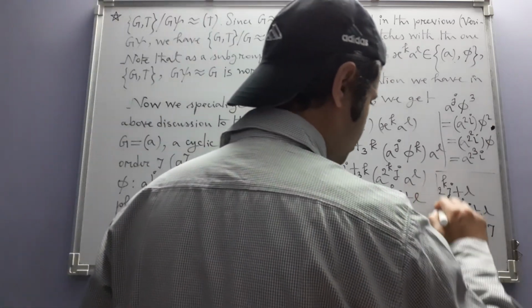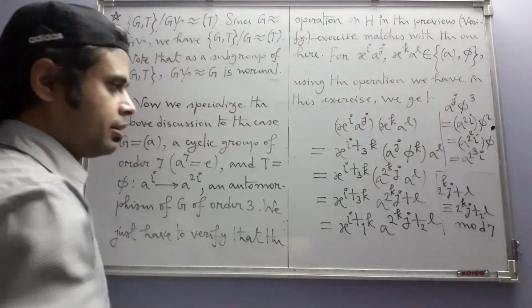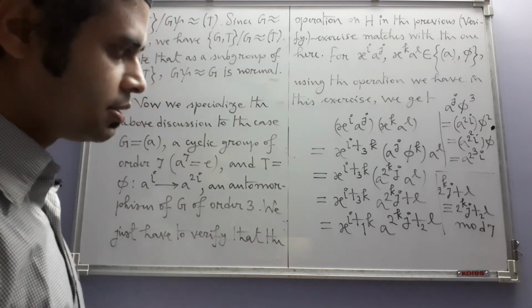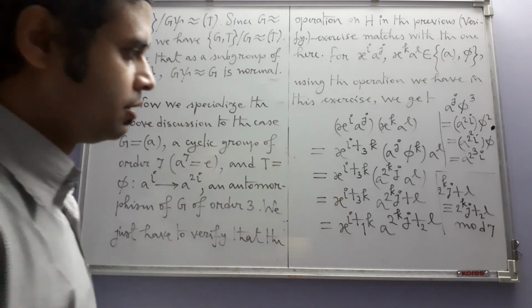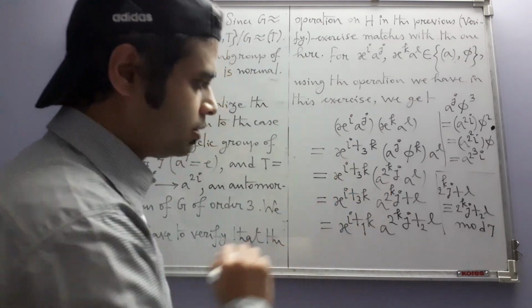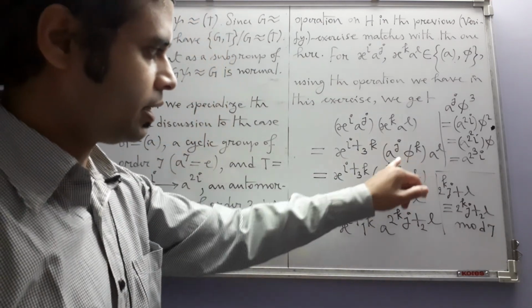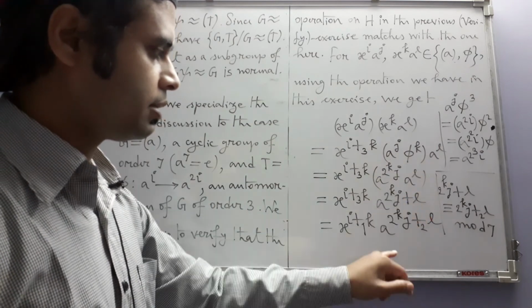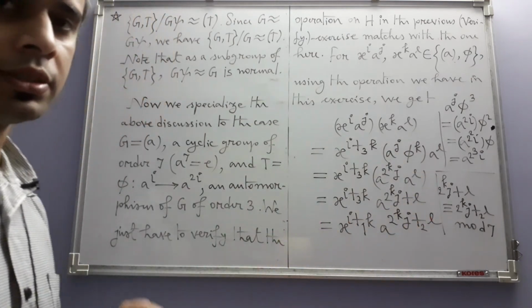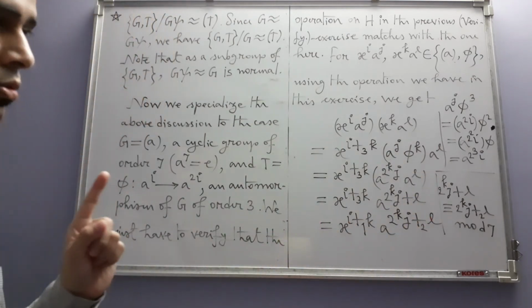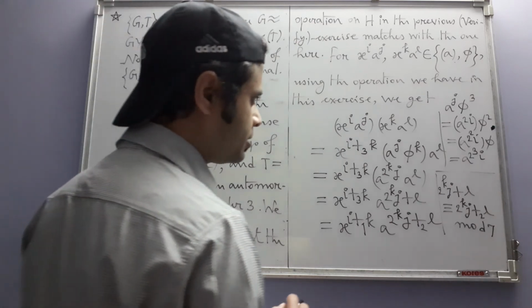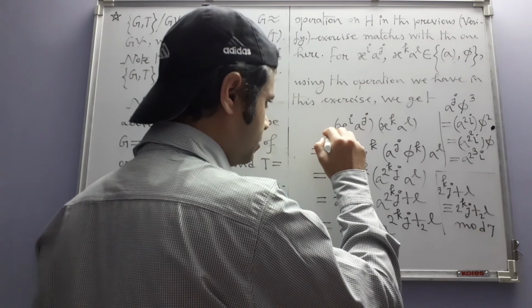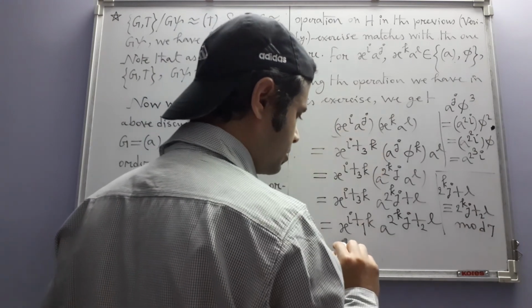I am not going to write these other things systematically. You can see for yourself how these two things are justified, from this to this and from this to this. Now you go back to the previous verify exercise and you will see that this is equal to this.